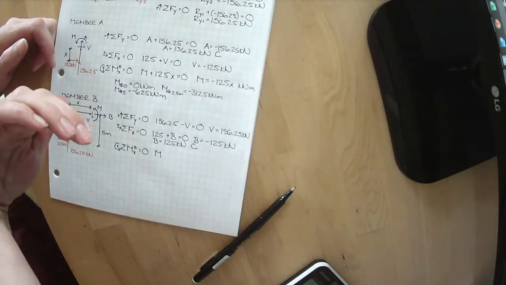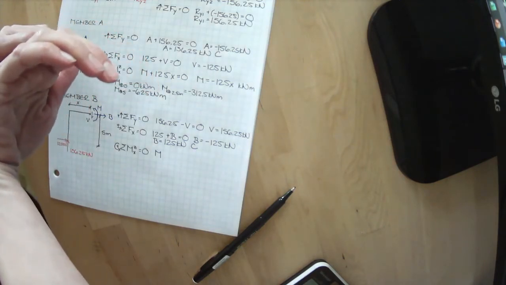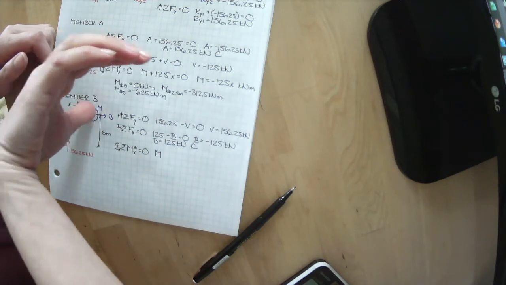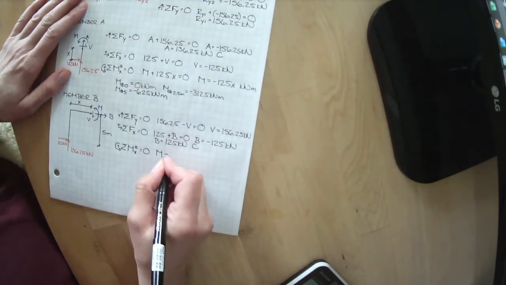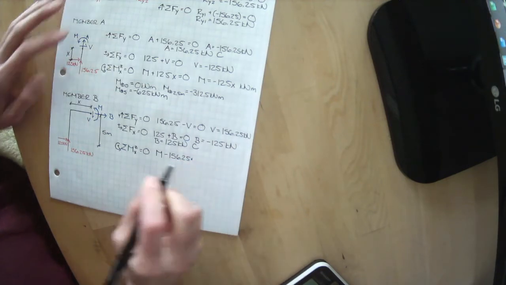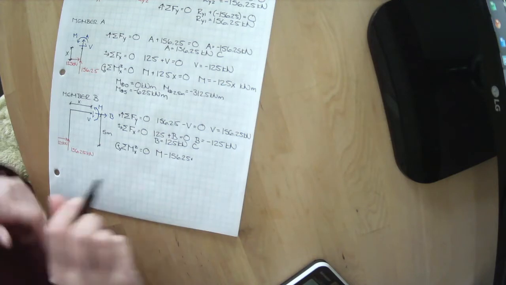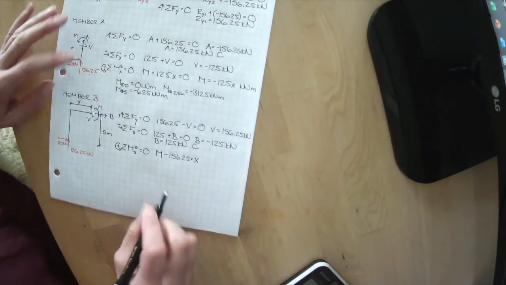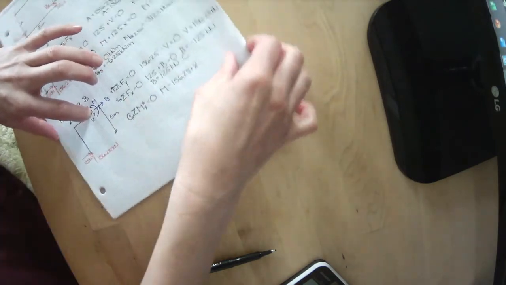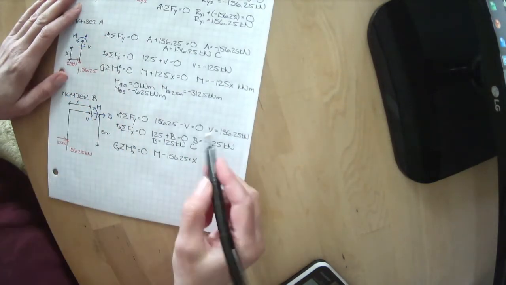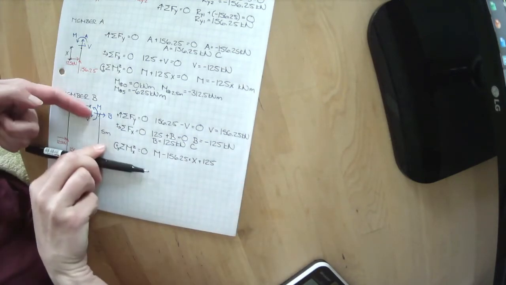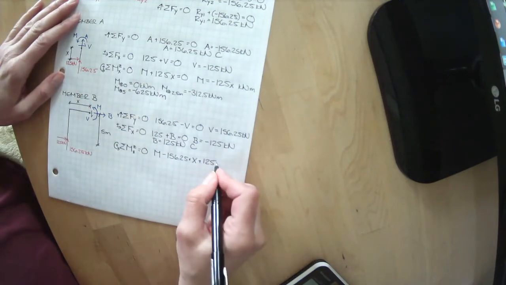So if we curl our fingers of our right hand in the direction it's trying to make it spin, the direction I point my thumb will tell me if it's positive or negative. My thumb's pointing into the page, so it's minus 156.25 times, and it looks like it's distance x away. And then we've got 125 kilonewtons trying to spin it in the positive direction, so plus 125 kilonewtons, and it passes 5 meters away.